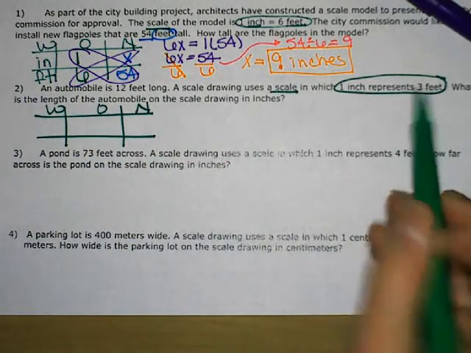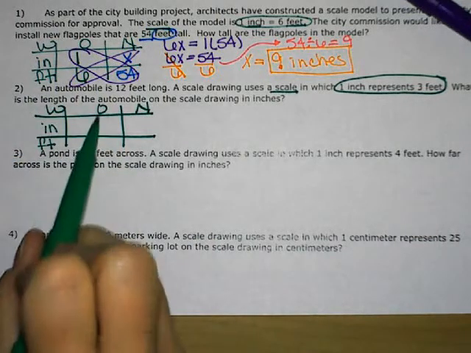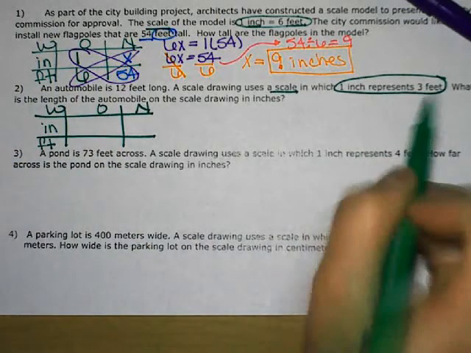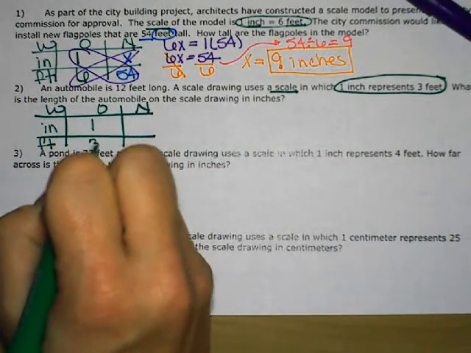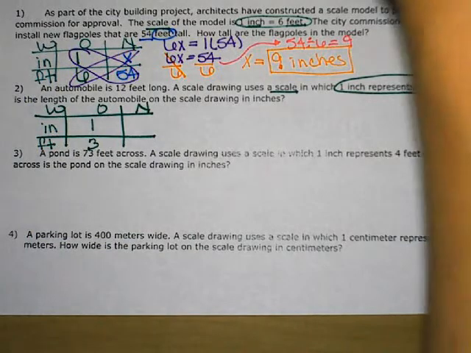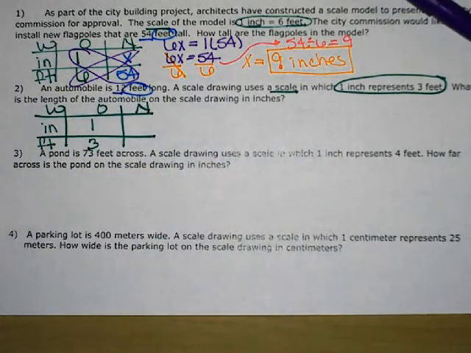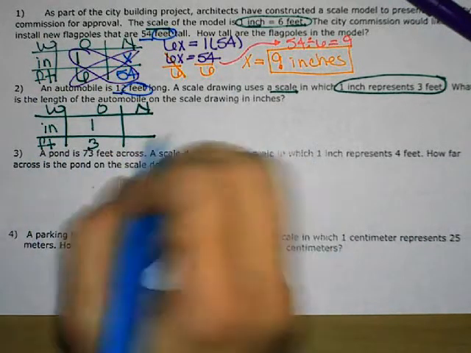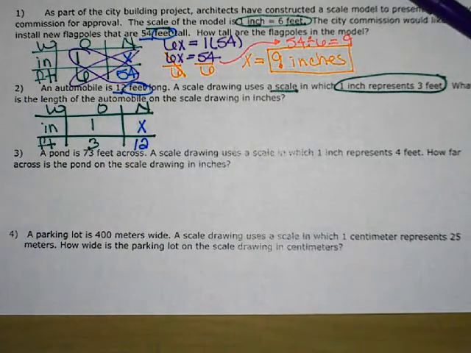I am comparing inches to feet. Put my label. My scale is the original ratio given, 1 inch and 3 feet. And then they also tell me that it's 12 feet long. It also has a label, so I know that it will go with these feet. And I am solving for the unknown length of the scale drawing. I can cross multiply.